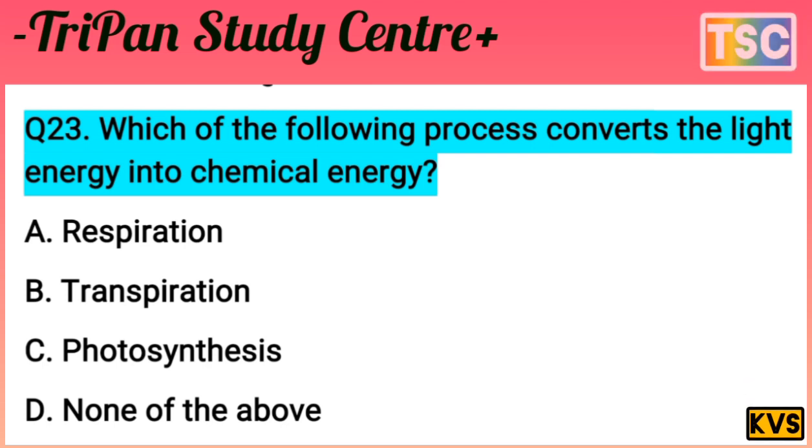Green plants convert light energy into chemical energy by the process of photosynthesis, and they are able to fix carbon from carbon dioxide into organic compounds. So C option is correct. The photosynthesis process converts light energy into chemical energy.